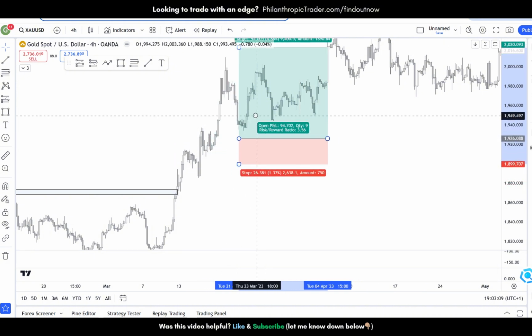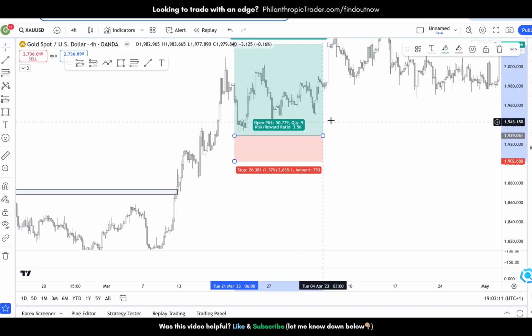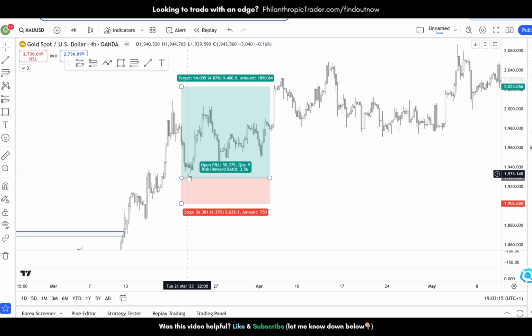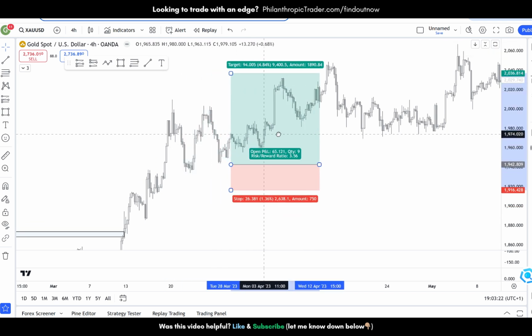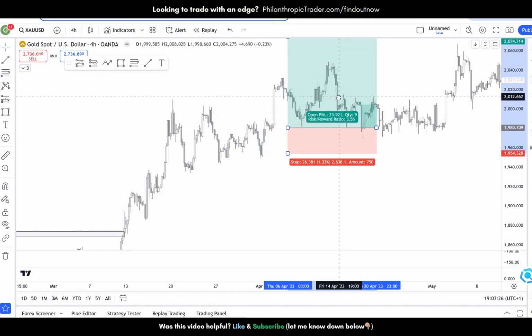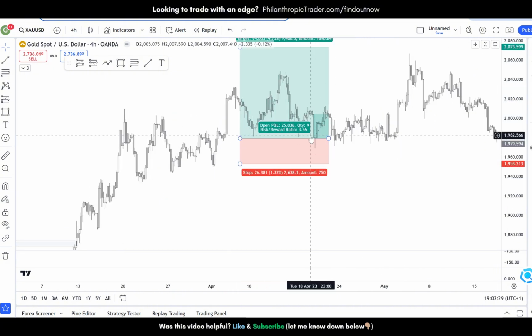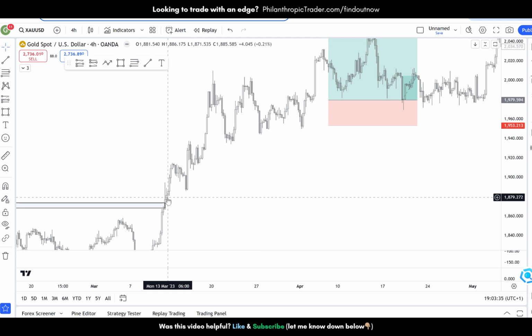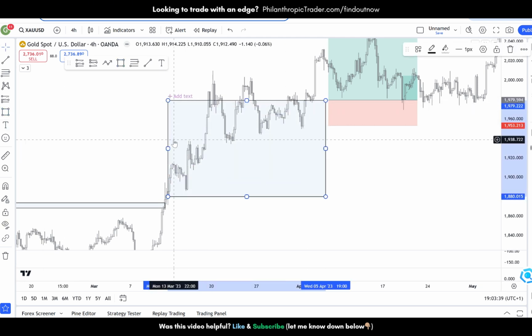So every low that it creates, you just move your stop loss a few pips below the latest low, and every time you just move it, price goes to the upside, price goes here, and then eventually we see that price stops you out, but your entry was here, right? So this was all your profit.